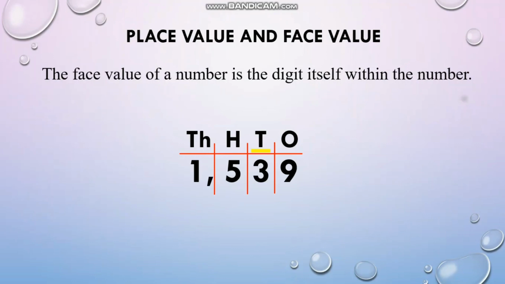For us to know the face value of a digit in a number, it's already there. The face value of the digit in the tens column, or the face value of the 3 in the number, is 3. In other words, the face value of a digit in a number is the digit itself. So 3 is the face value.